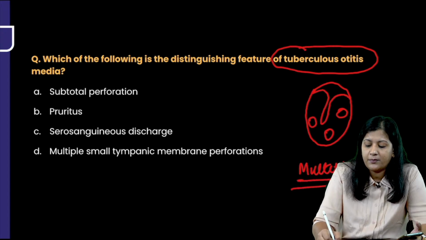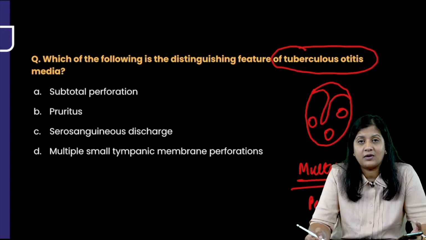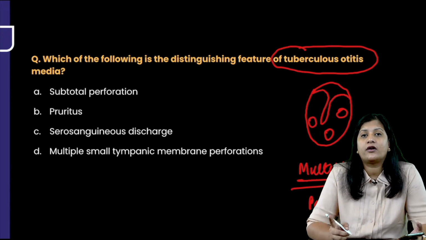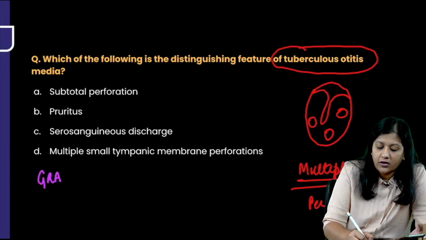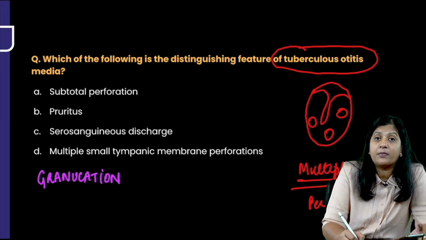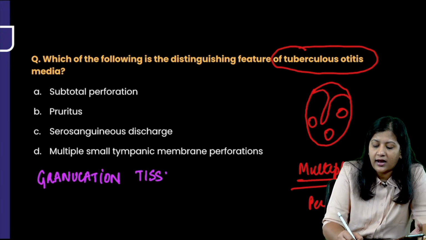So multiple perforations you will always see in tuberculous otitis media. The second very important feature that can be there in the image will be presence of granulation tissue. So what will you see? You will also see granulation tissue at a very typical location. Where will you see the granulation tissue?